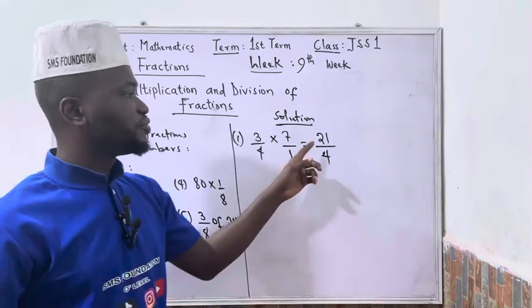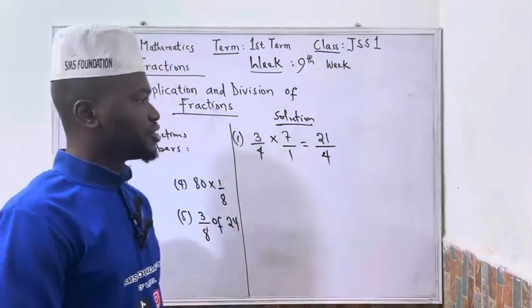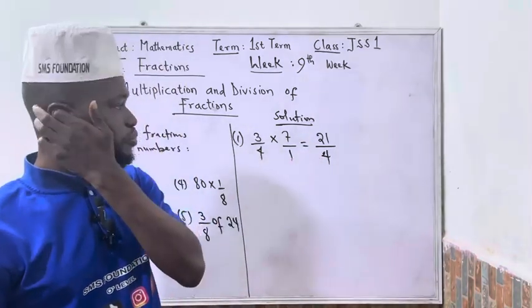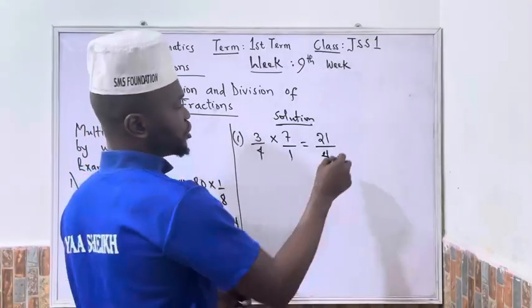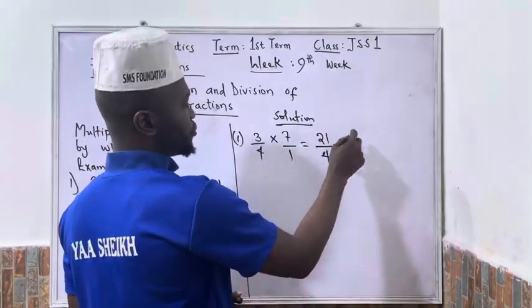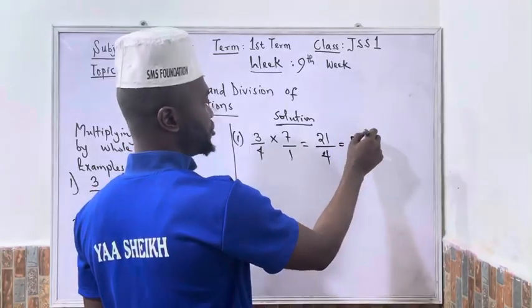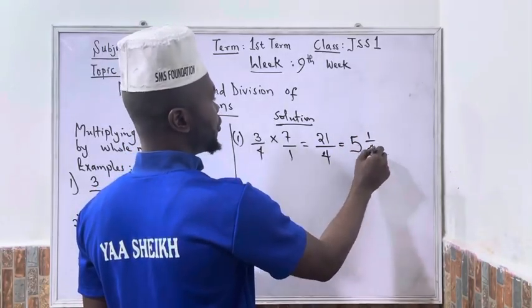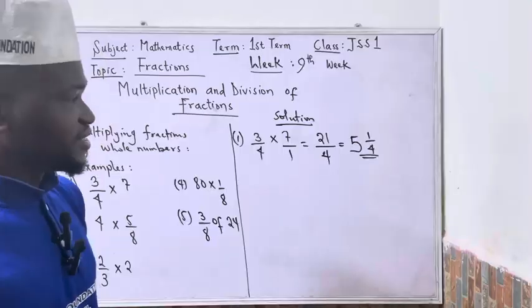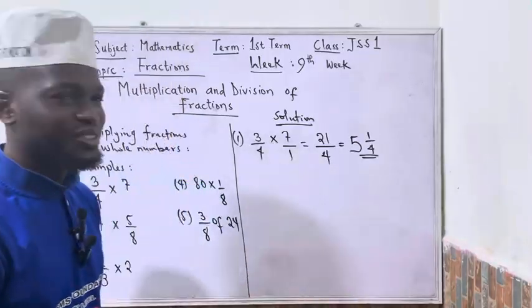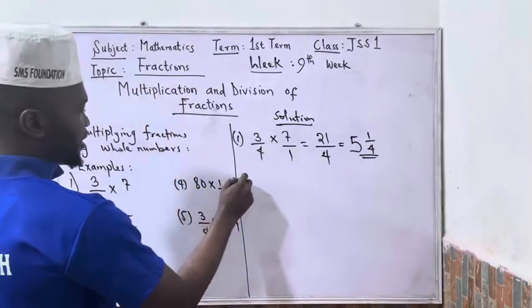So now we are having 21/4. I don't want to leave my answer as improper fraction. I will just change it to mixed fraction. So how many 4 can I get from 21? That will just be 5, remainder 1/4. You can see how simple it is. Easy peasy. No problem. Let's go to the next question.